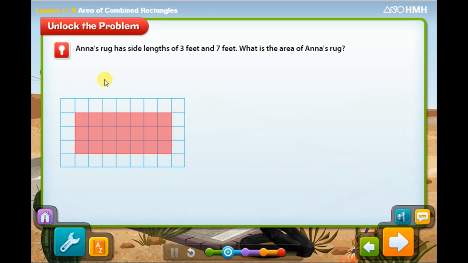Okay, so we can put the line here, or we can put the vertical line here and cut the rug into 2 smaller pieces, or we can put the line here. Which one will you decide to put the vertical line in?